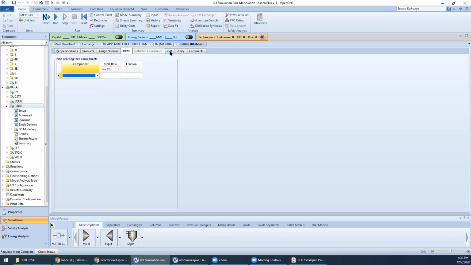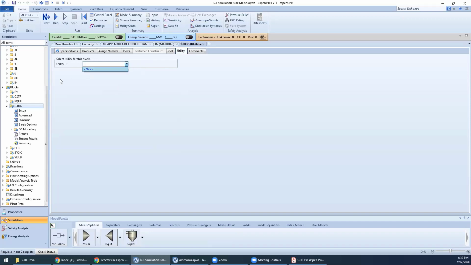And then here you have particle size distribution, or PSD. If you have solids like a packed bed reactor, you can put in some sort of distribution of particles. That is a practical method. Typically that's experimentally determined with sieve trays and shakers and some lab stuff. You can also put in utilities for any of these.